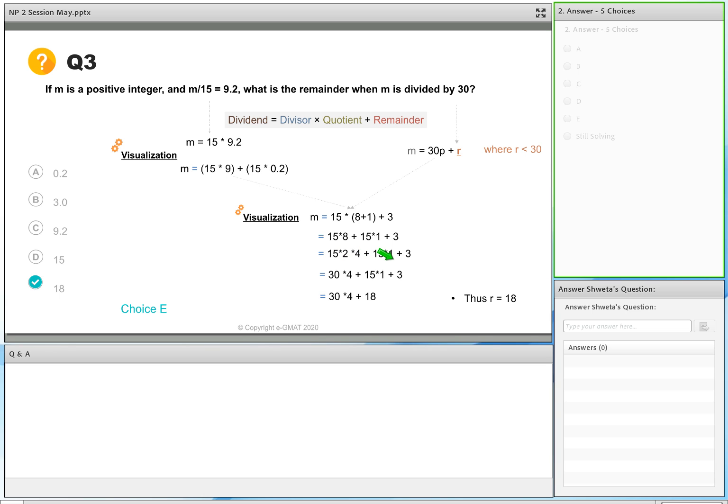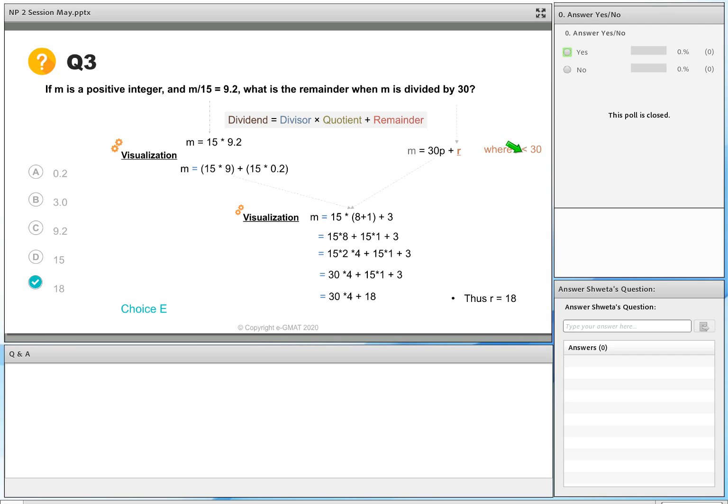And what you have on the right hand side is 15 times 1 plus 3, which is 18. And since this 18 does follow the rule for the remainders, it is less than 30. This is the answer. Tell me now, did you all understand what I did? And I'm also opening the chat box. Tell me, all those of you who marked B, what is it? Where exactly did you falter?